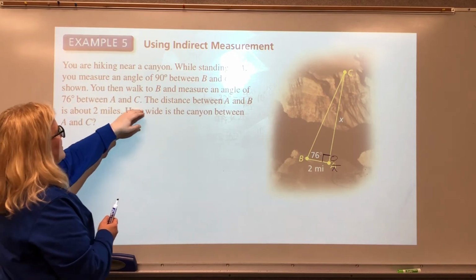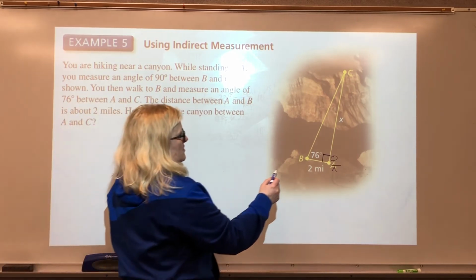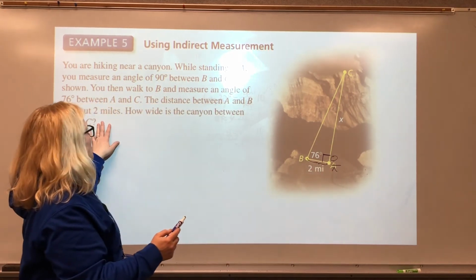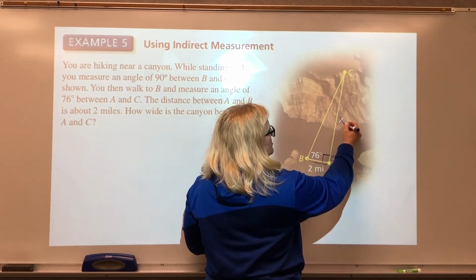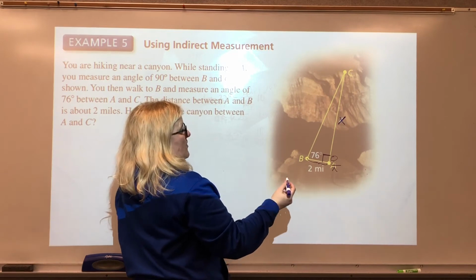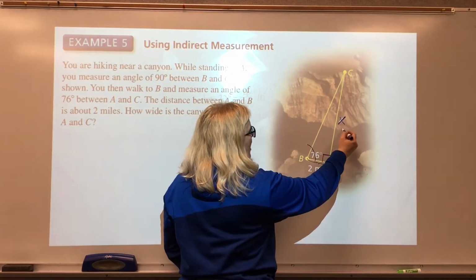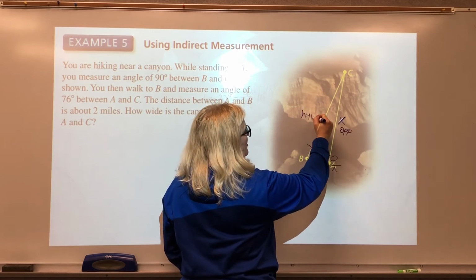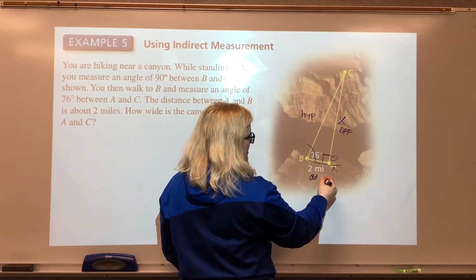Okay, 76 between A and C. The distance between A and B is about 2 miles. We want to know how wide the canyon is. So here's X. So here's what we've got. We've got a 76-degree angle. This is my opposite side. My hypotenuse is over here. And over here is my adjacent side.